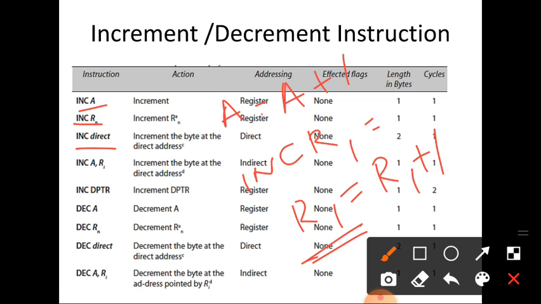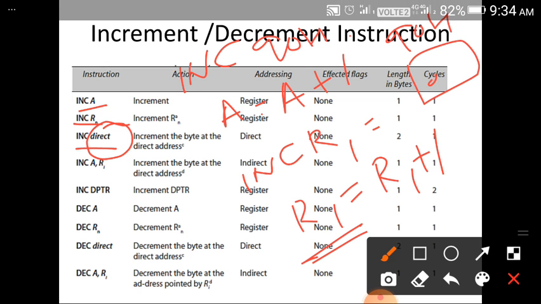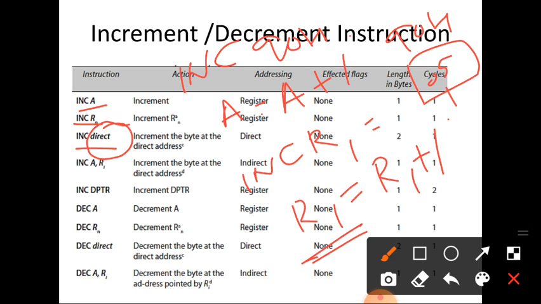So increment direct means the byte at the specified direct address will be incremented by 1. That is, if we specify INC 90H, and 90H content is 5, then 5 will be incremented by 1 and its value will be 6.